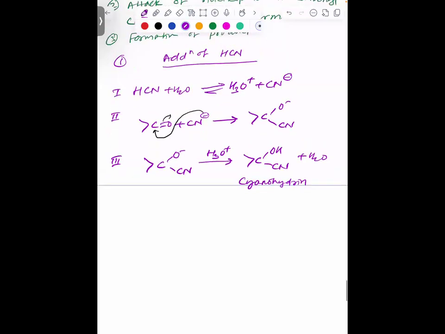This compound is known as cyanohydrin. We will explain the mechanism in the mechanism lecture. Aldehydes and ketones undergo addition of HCN to form the product cyanohydrin.